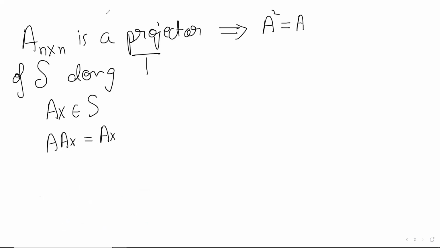Why is this true? Because this is in S, and so it is S plus 0. And A will send that to S, which is AX. So A square X equals AX for all X, and so A square equals A.